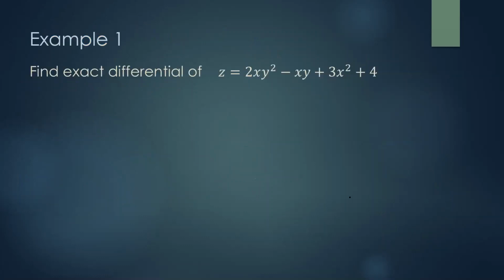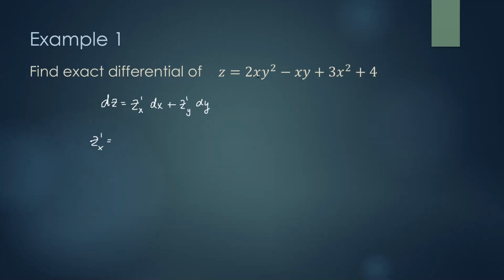Let's have an example. The example is easy to do. So remember what we have to do. I'm reminding you of the formula. So dz is z derivative by x times dx plus z derivative by y times dy. So let's do those derivatives. Derivative by x would be, remember we are holding y constant.